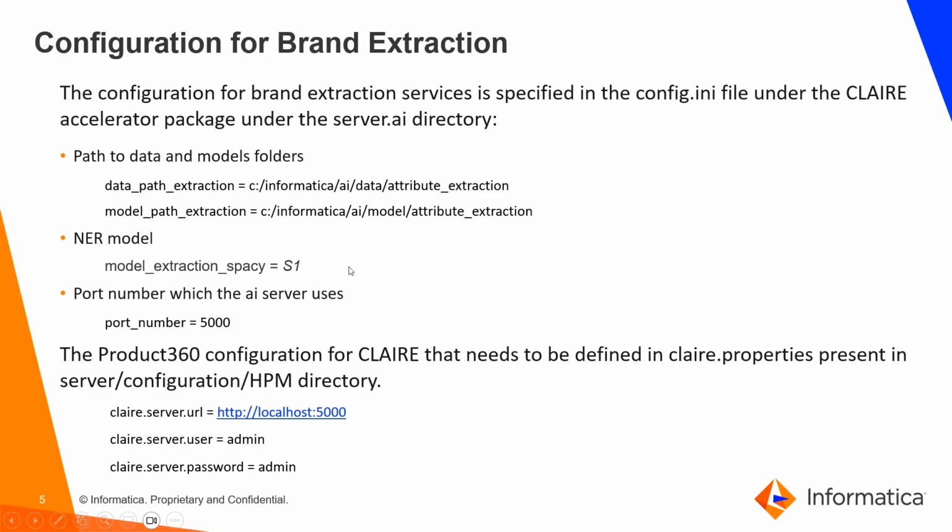We recommend using the S1 model for the training as it is faster to train than S2. On the P360 side, you need to make sure to have these properties enabled in the claire.properties file, which is present under the server configuration HPM directory. These are basically the authentication info that is required.